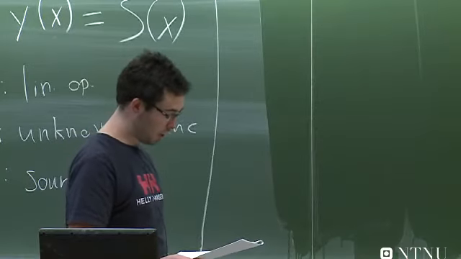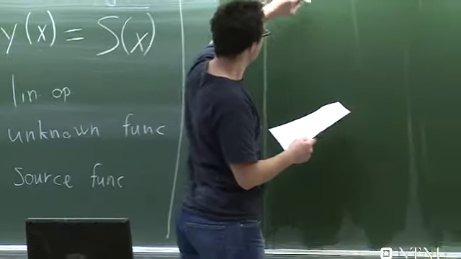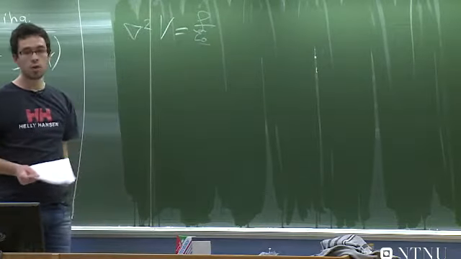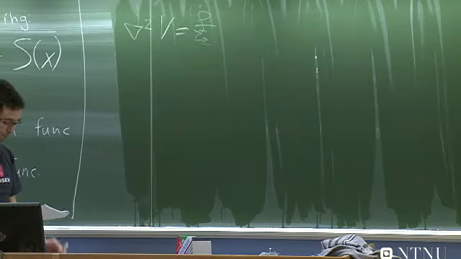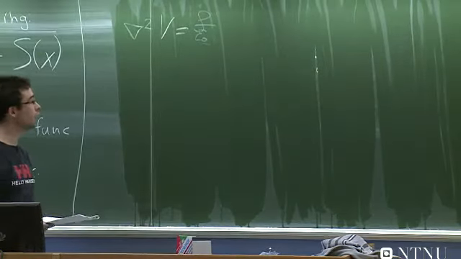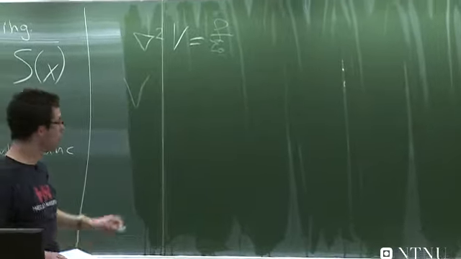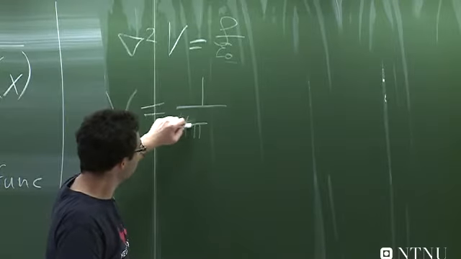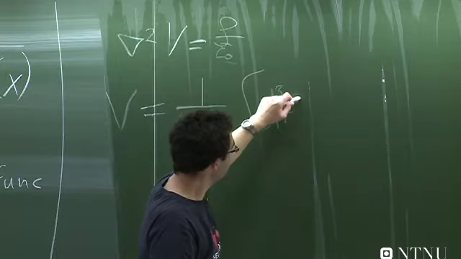If we start off with the Poisson equation again, nabla square of v is equal to rho over epsilon naught. We stay in the vacuum today because the material complication doesn't change the mathematics much. So just to get the idea, we're staying in a vacuum, so epsilon 0 here. And the solution we found previously in the lectures to be 1 over 4 pi epsilon naught integral over d3 r prime.